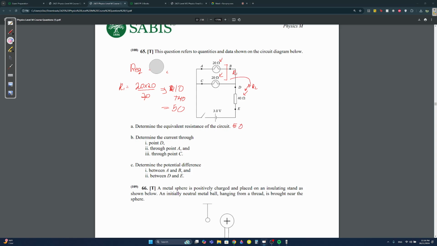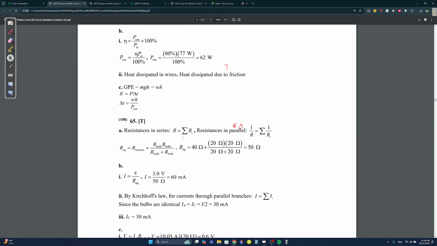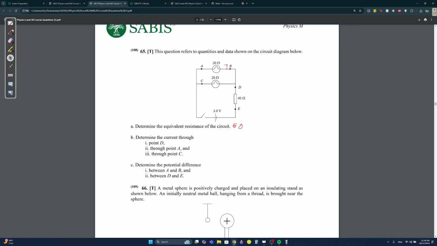Determine the current through point D. Let me check my answer because you never know with these questions. Part A, is it 50? Yes. For point D, it's outside the parallel part, so it falls under I total.